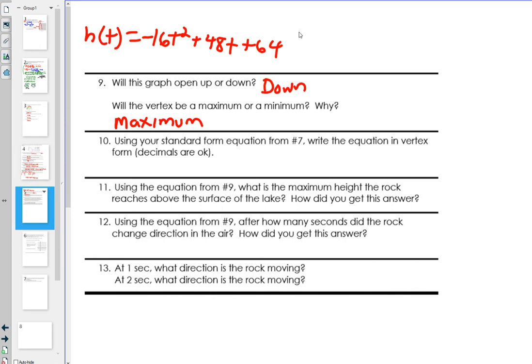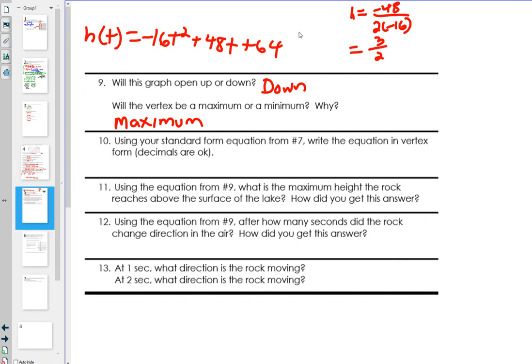Using your standard form from number 7, write the equation in vertex form. Decimals are okay. Okay, so let me just do this up here. H is going to be negative b over 2a, so negative 48 over 2 times negative 16, which is negative 48 over negative 32, which gives us 3 over 2.